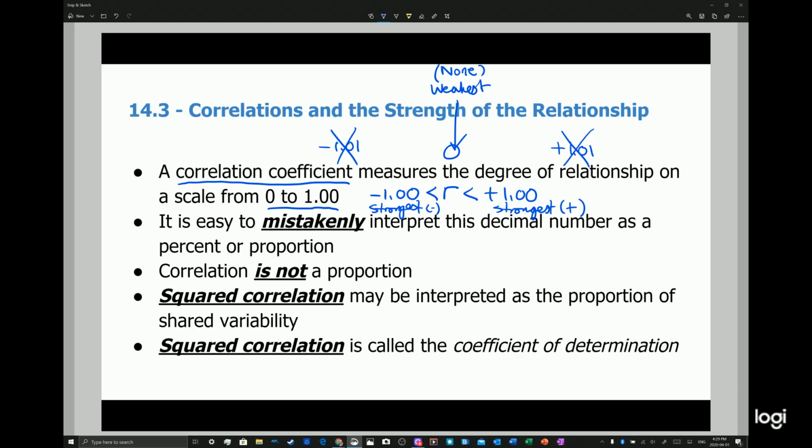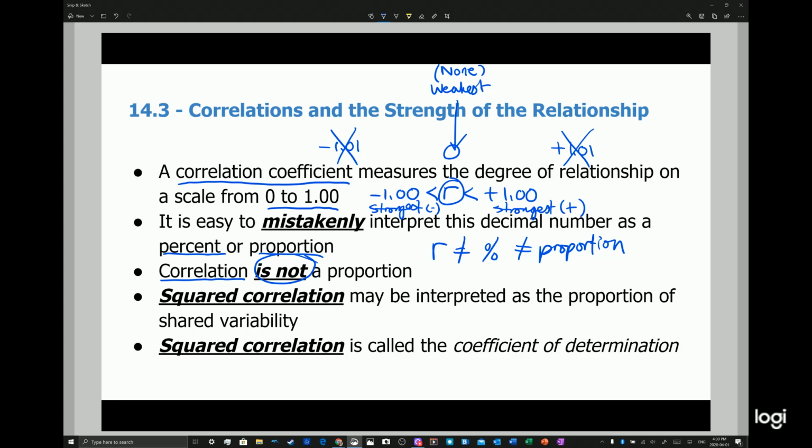2. Because we're working with decimal points when we're calculating R, in this case the Pearson product moment correlation coefficient, or just Pearson correlation coefficient, that number, especially when you see decimal points and it's between 0 and 1, looks like a percentage or proportion, but it's not. Not for correlation, not for R. R is not a percentage or a proportion.